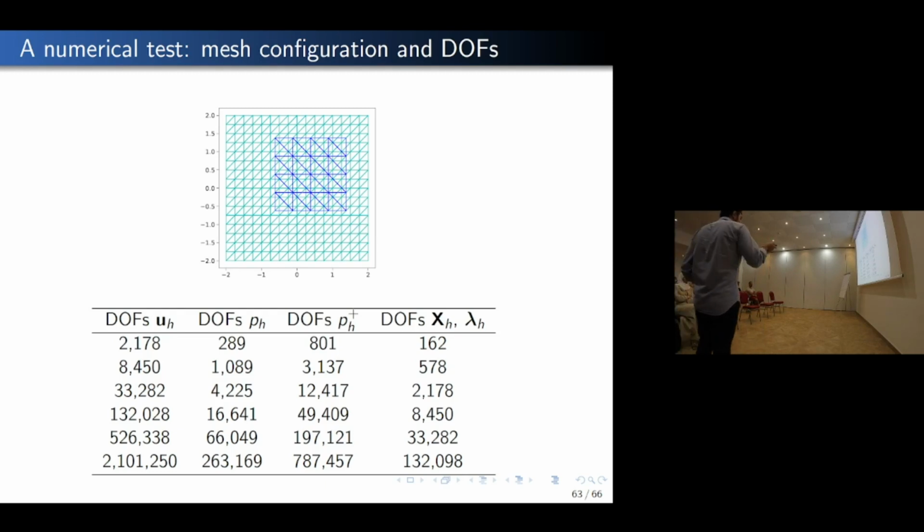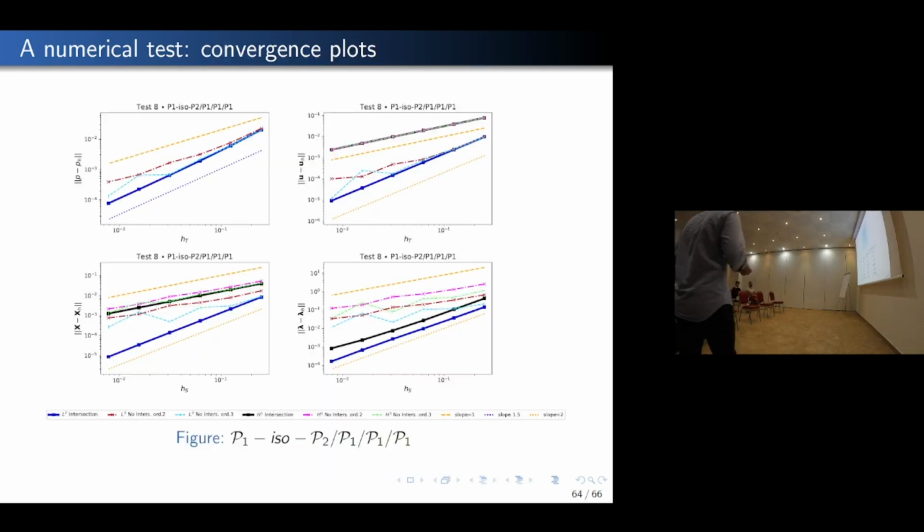We have this square in its actual position with respect to the fluid mesh, and these are the degrees of freedom for each variable. We check the convergence in both cases, when we use P1 iso P2 P1 P1 P1 and P1 iso P2 P1 plus P0 P1 P1.